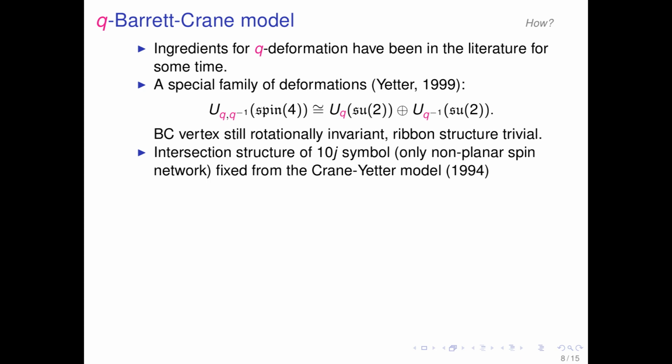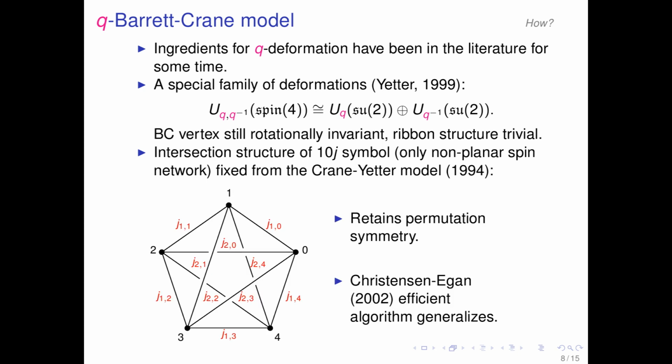So we have to do this for the 10j symbol only. All other spin networks that come up are planar, so crossings don't come up there. It's not particularly trivial to get the crossing structure, which is basically specified in the Crane-Yetter model, a precursor to the Barrett-Crane model. So this is what the crossing structure looks like. We give a concise description of this in our paper, which we hope is clearer than the original reference.